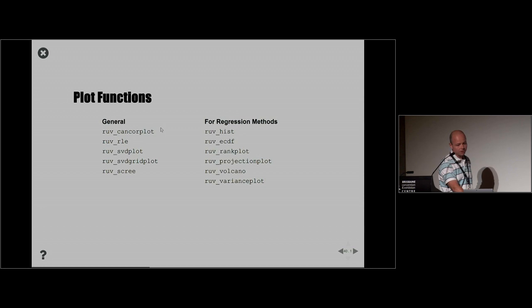Some are somewhat general and are useful mainly for diagnostics of how much unwanted variation there is in a data set. I'll go through some of these in a minute. They're also integrated into the Shiny app. And then there's also some plot functions that are specifically for the regression methods. Functions to make histograms, empirical CDFs of p-values, various things that I'll come back to.